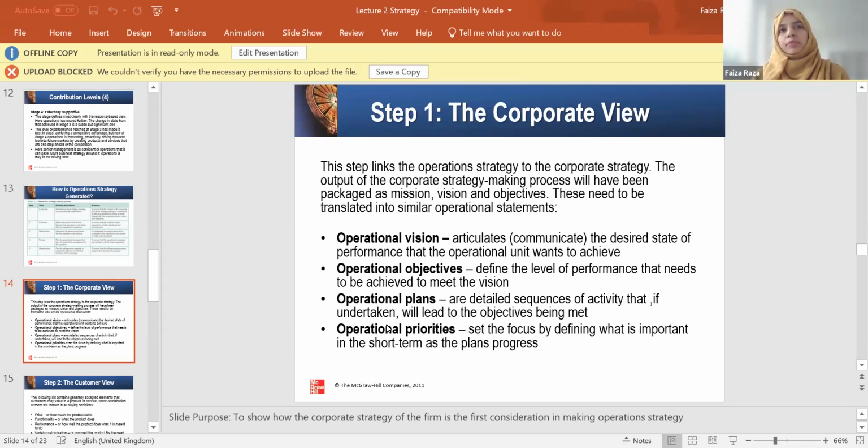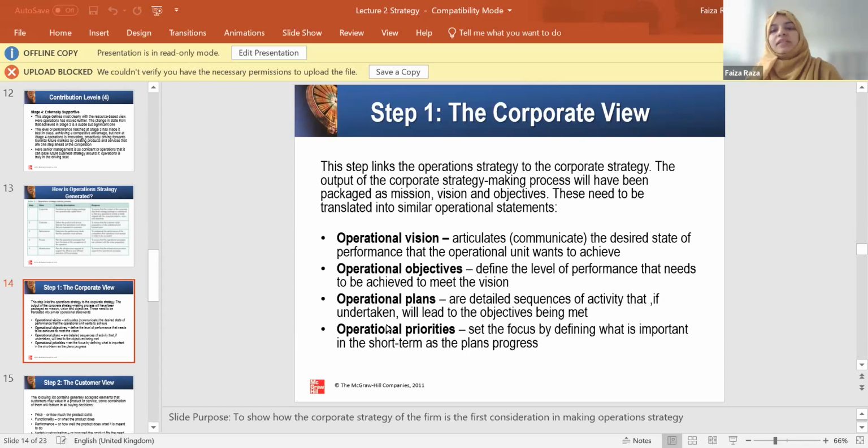Geely is an automobile company, so they are following their operation strategy according to their vision and mission statement. Then operational plans are detailed sequences of activity that, if undertaken, will lead to the objectives being met.